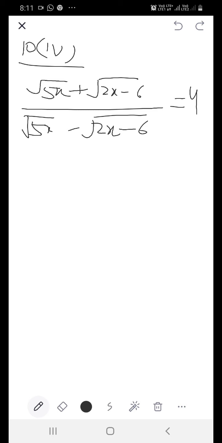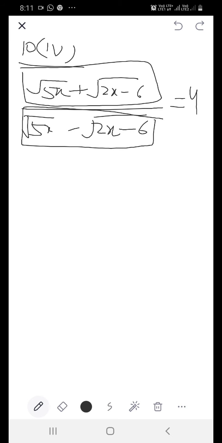Now I told you, in order to use the properties of proportion, you should write the given ratios into the form a upon b is equal to c upon d. Now this complete term is your a. This is your b.